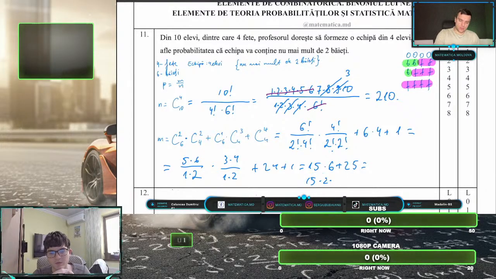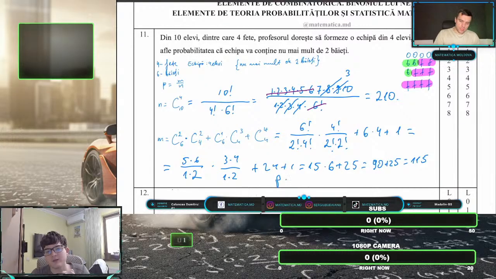Just gonna do it the explanation way. So you have essentially 115 divided by 210. So how much is that? I mean, you can simplify by 5, and what you get, yeah, you gotta do it like this.